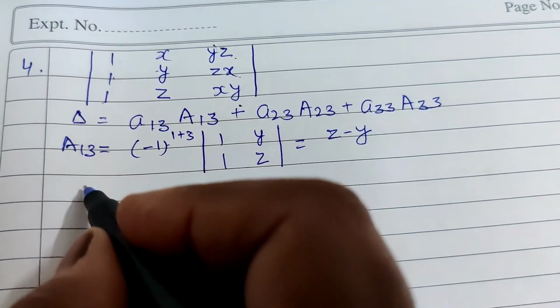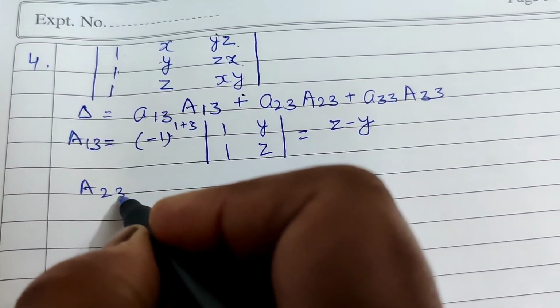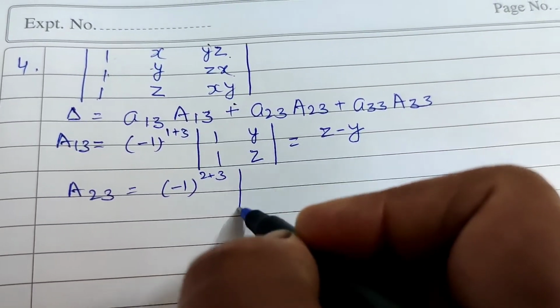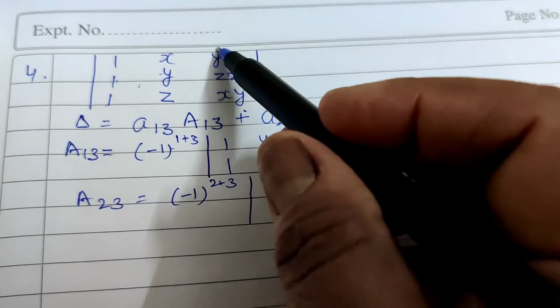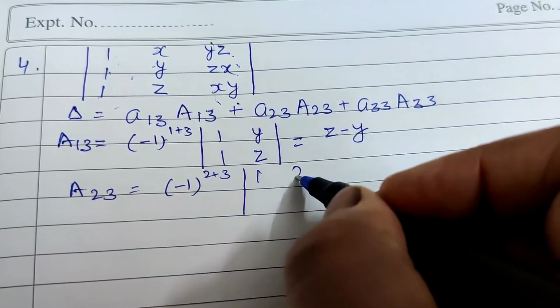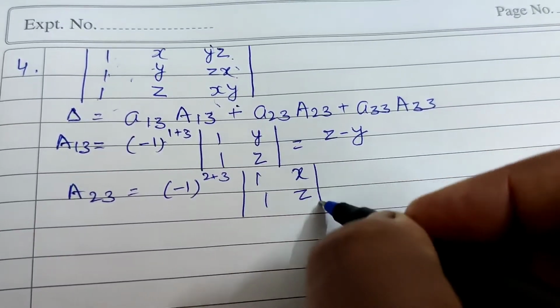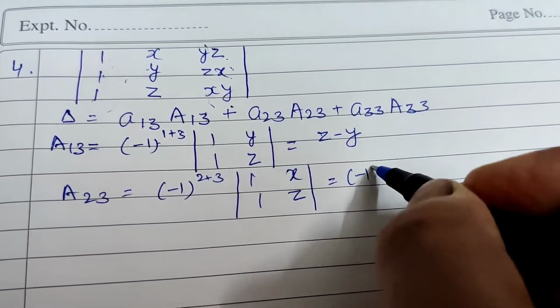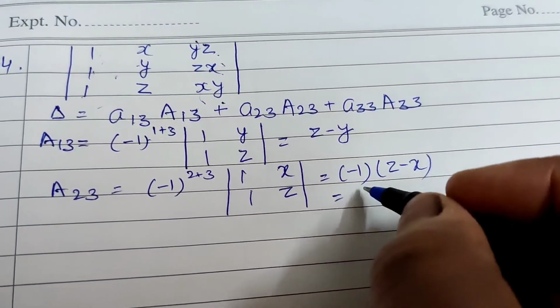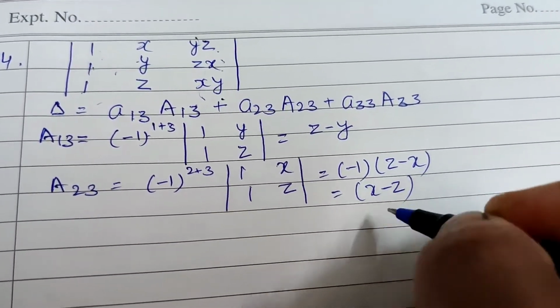Now the second, A23: minus 1 raised to power 2 plus 3. Eliminate the second row and third column, we get 1x, 1z. It is minus of z minus x, so we can write x minus z.